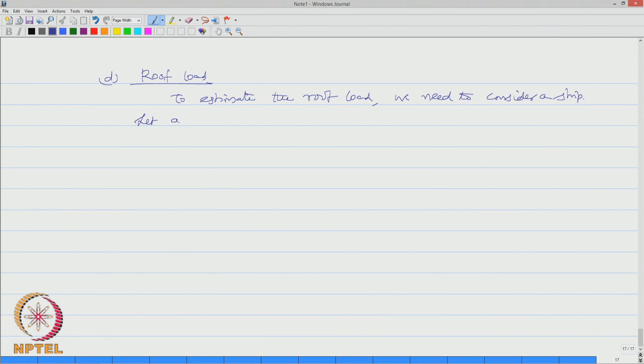Let a strip of width 0.3 meter and length of 2.4 meter be considered, because that is going to be the modular dimension of the roof member.